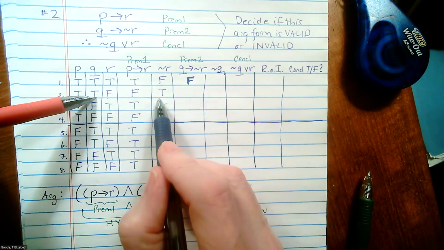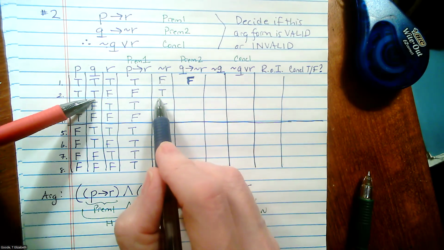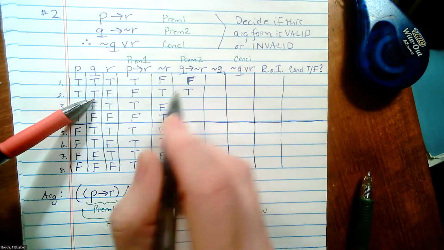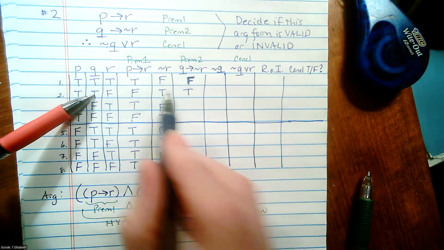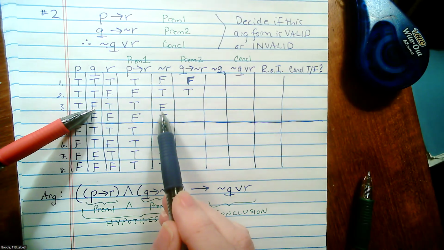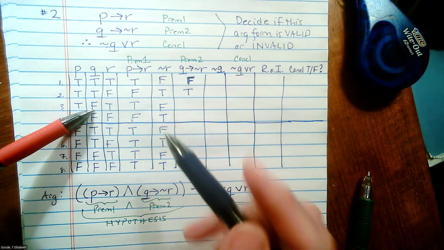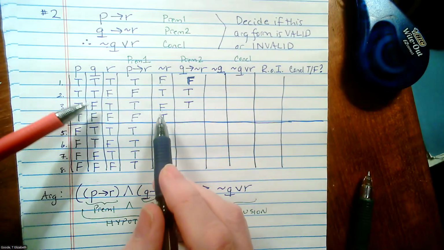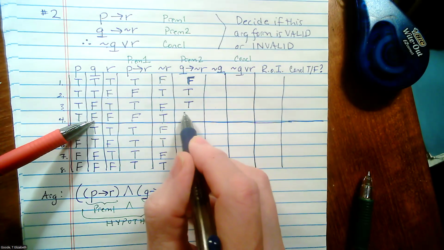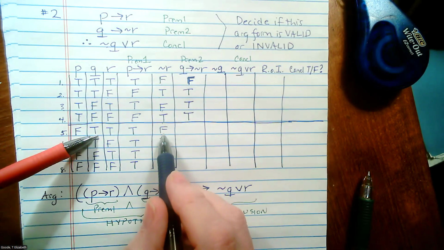Good. Row 2 would be true, because true implies true is true. Row 3 would be true by false hypothesis, because Q is false. Good. Row 4, true. Row 5 would be false.